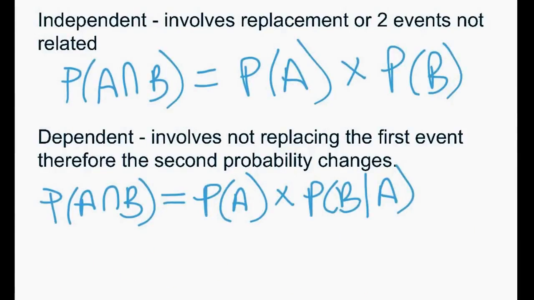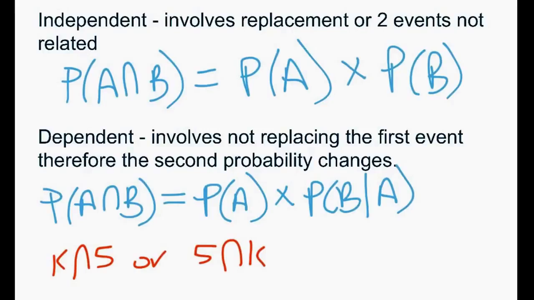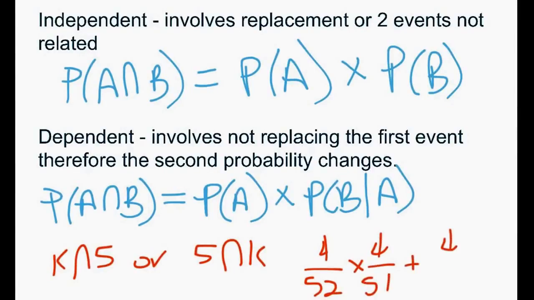So you'd have king and 5, or a 5 and then a king if you do the other order. So then you'd have exactly what we just had. You'd have 4 out of 52 times 4 out of 51 plus 4 out of 52 times 4 out of 51. So you can see you just get the exact same answer twice.